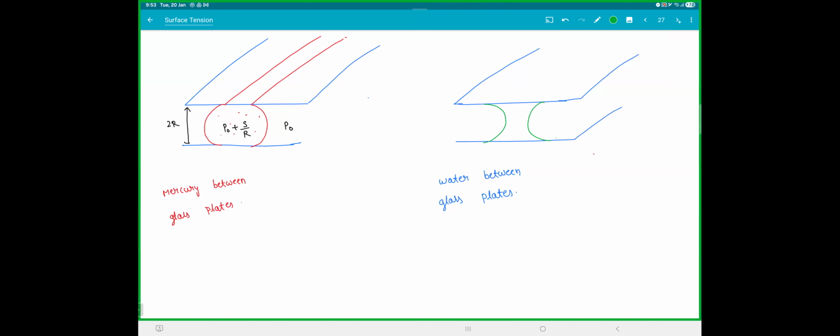The shape becomes like this, so the water becomes like this inside the glass plate. So here, if the pressure is P naught, remember now this is the concave side and this would be the convex side. The pressure will be less actually, which is P naught minus S by R.